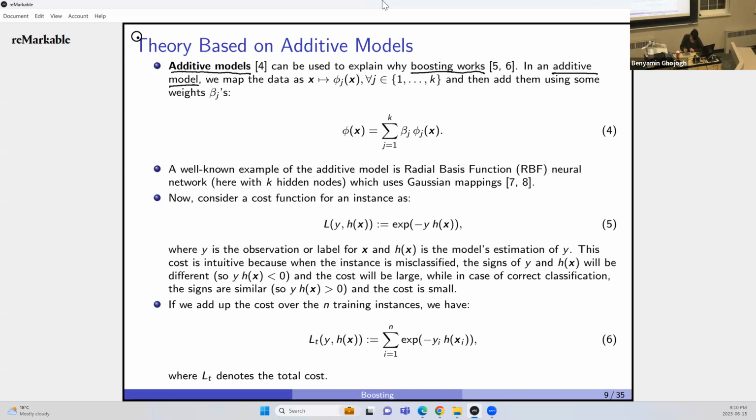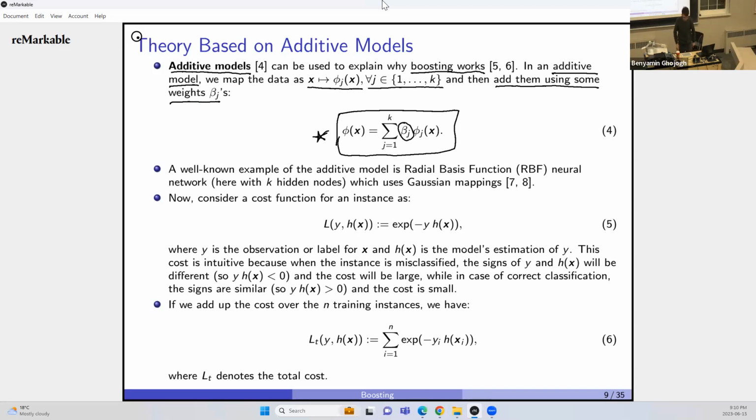In an additive model, we map the data x to phi_j(x), where phi_j is some kind of mapping, for all j from 1 to k. What does it mean? We have k maps, okay? And then add them using weights beta_j. So we have a linear combination of the maps. This is exactly an additive model, right?